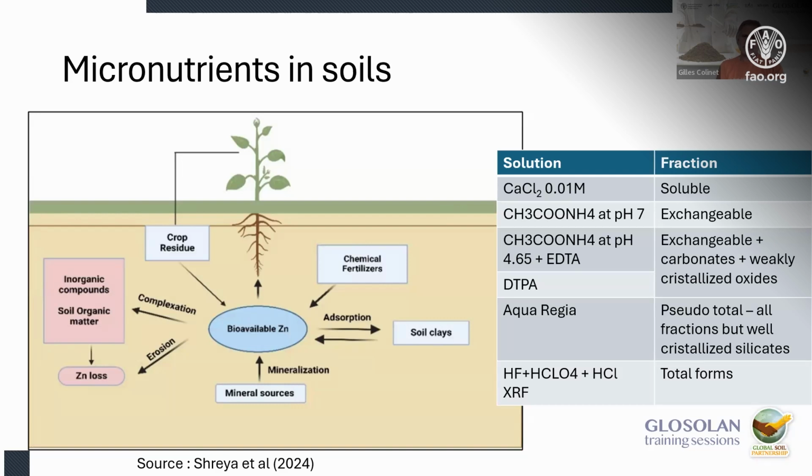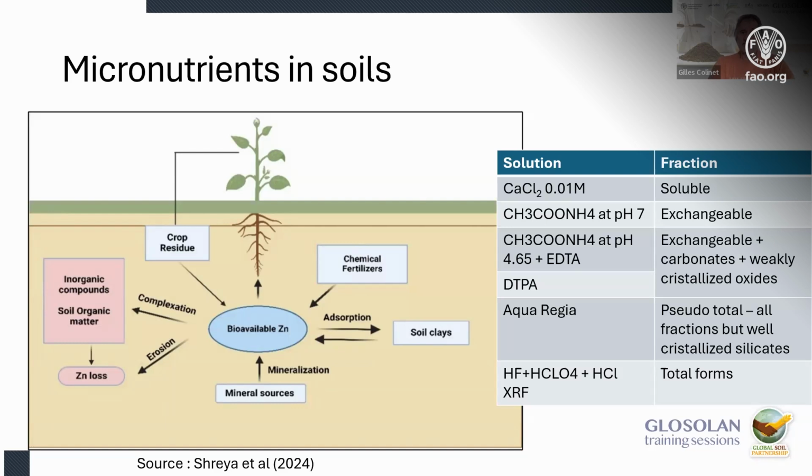So as extractant of the exchangeable, you will find CH3COONH4, so ammonium acetate at pH 7. That's the extractant that is used for the cationic exchange capacity. And so you are going to take the easily exchangeable elements that are on the cationic exchange capacity.